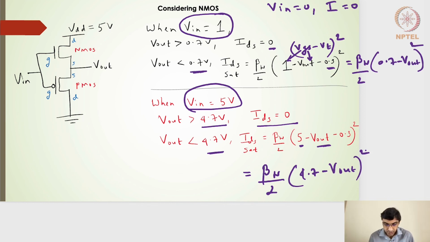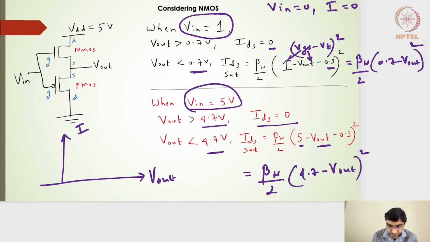Now if I want to draw the profile of the current versus the Vout for different Vinput voltages, I pick 5 volts as the input voltage. For Vout from 0 to 4.7 volts there is current, and beyond 4.7 volts the current is 0.